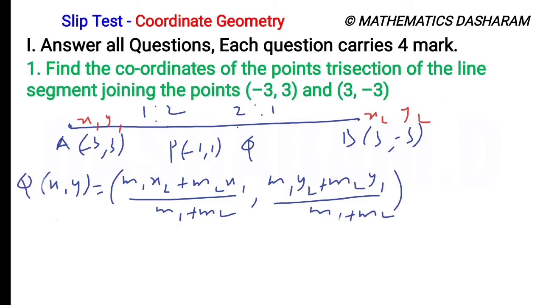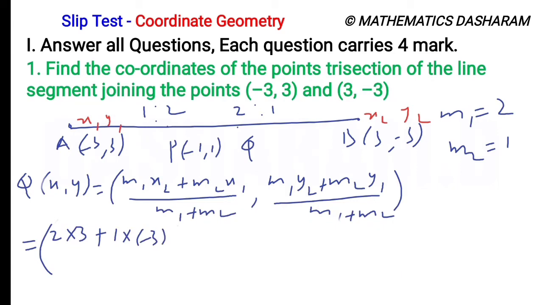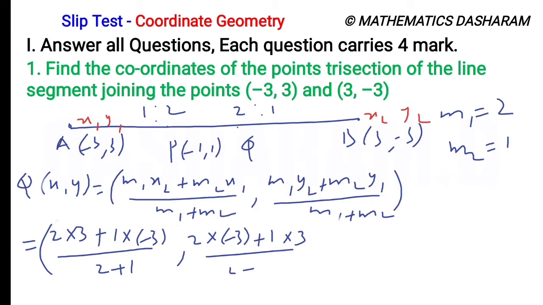Next, point Q (x, y), same formula, but m1 is 2, m2 is 1. So it equals m1 2 into x2 value 3, plus m2 1 into x1 value -3, divided by 2 plus 1, comma, m1 2 into y2 value -3, plus m2 1 into y1 value 3, divided by 2 plus 1.